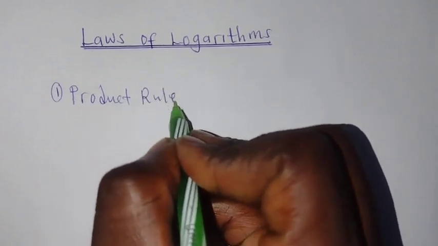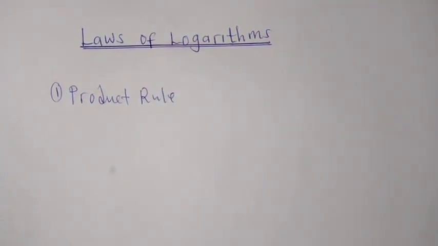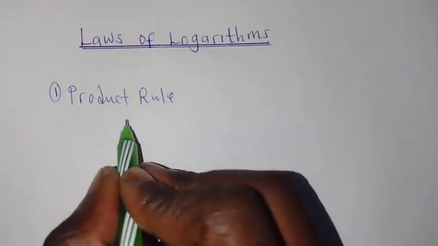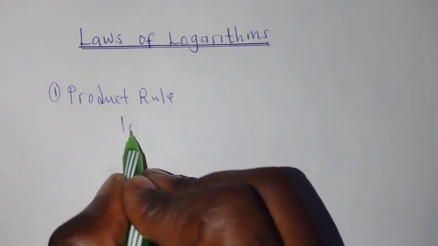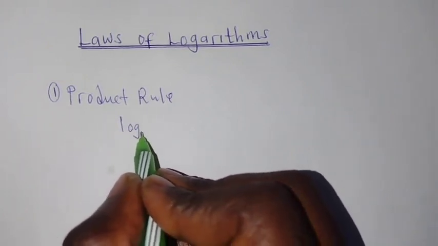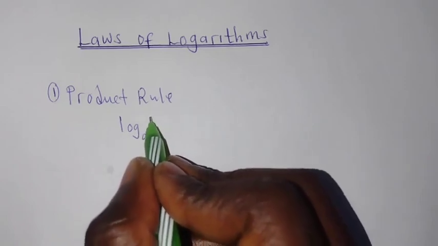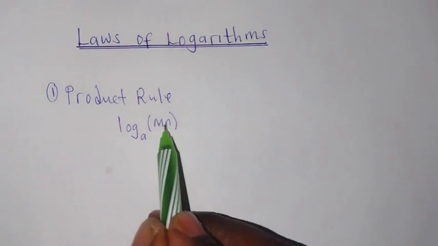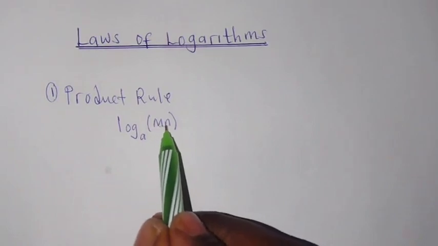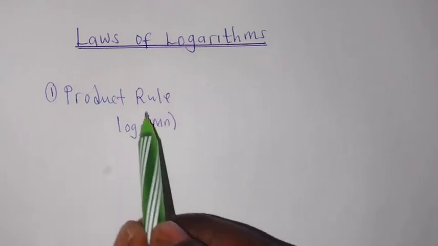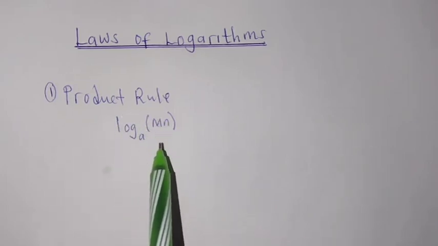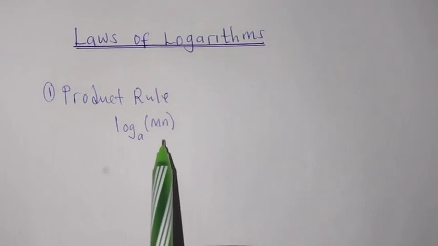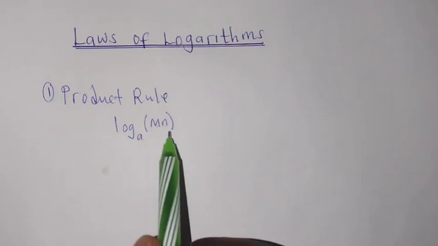So this product rule for logarithms, what does it state? In case you have log base a of mn, meaning that these two values are multiplying each other, the interpretation of this product rule is that the logarithm of a product is the sum of the logarithms of the individual factors.